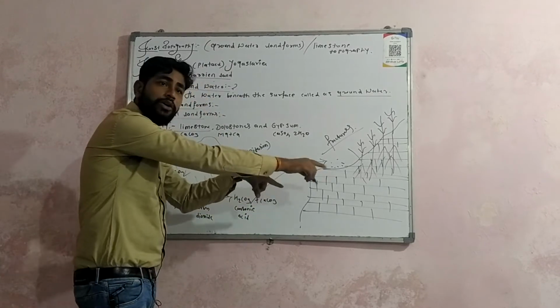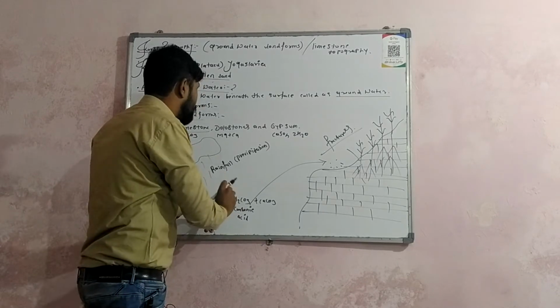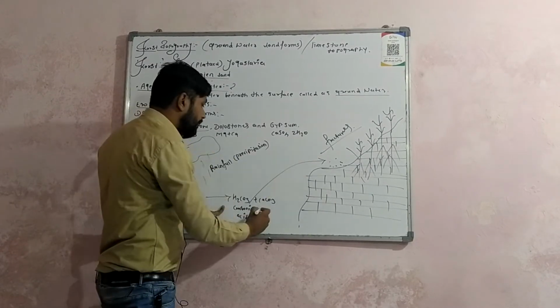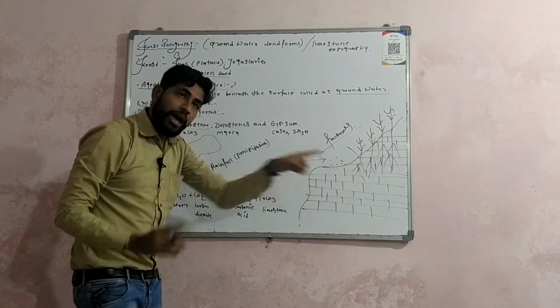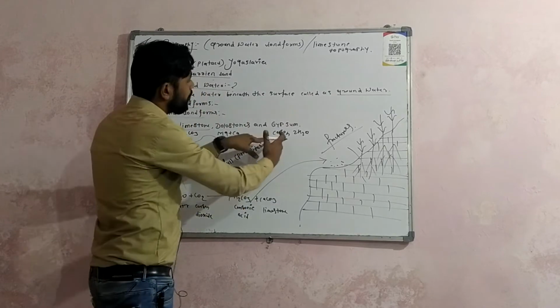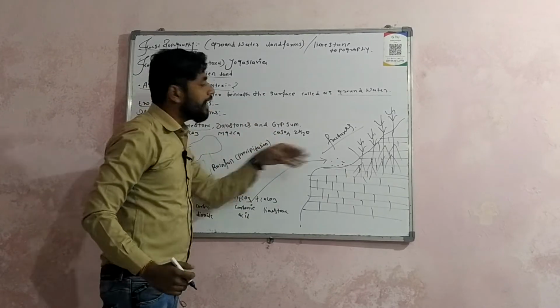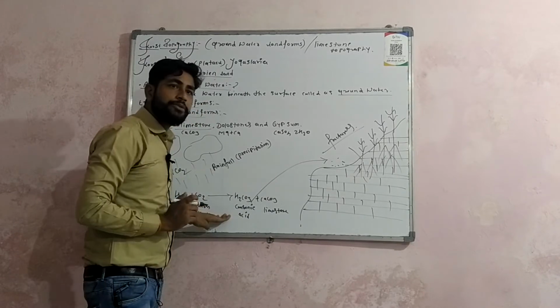If there is limestone, then H2CO3, carbonic acid, reacts with CaCO3. Otherwise, if there is gypsum, we use the composition CaSO4 twice H2O. Now carbonic acid reacts with limestone.